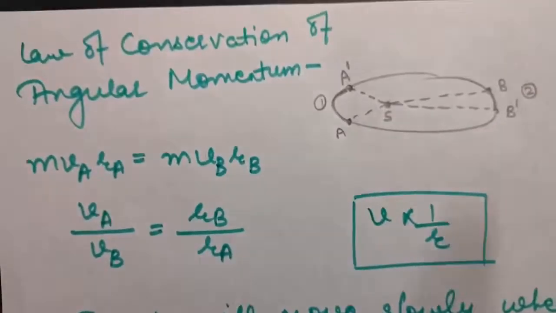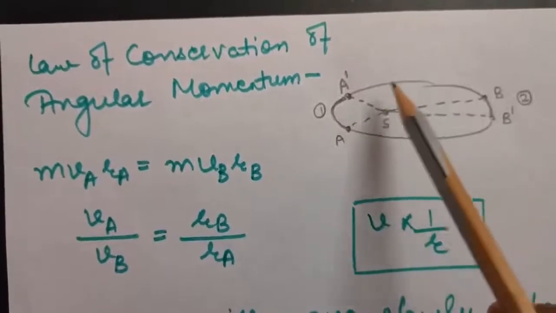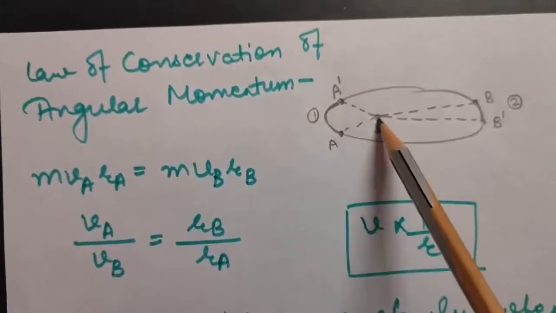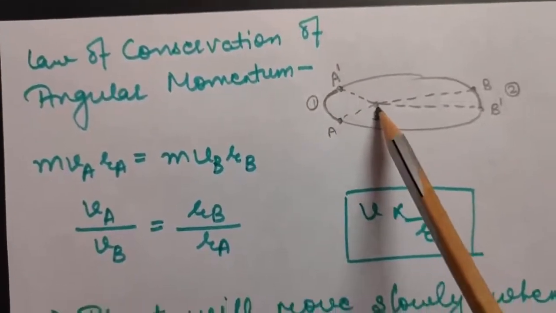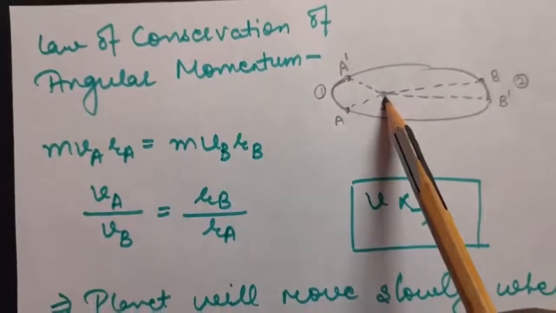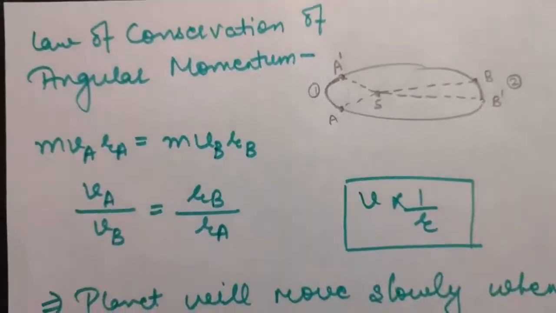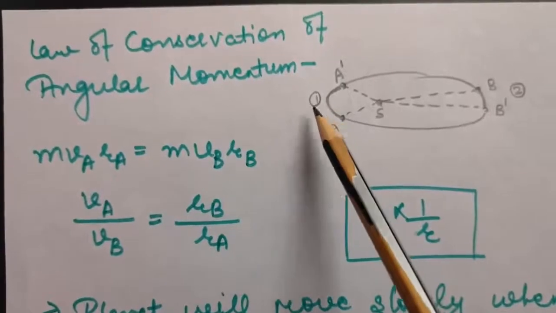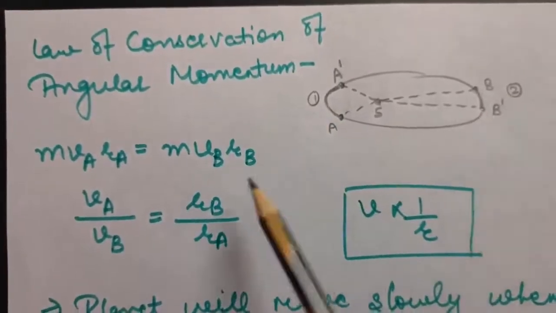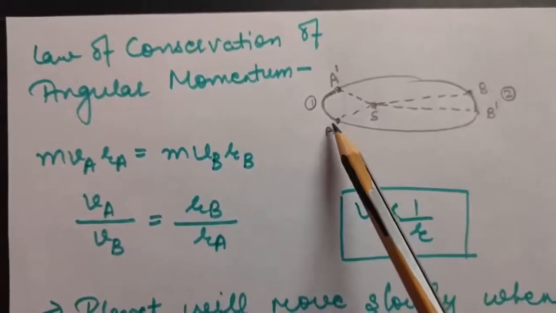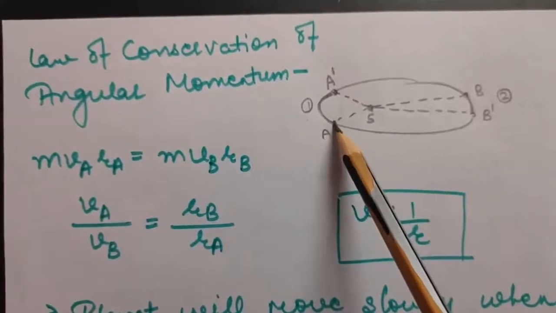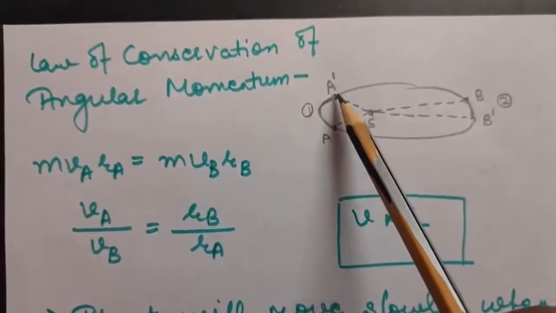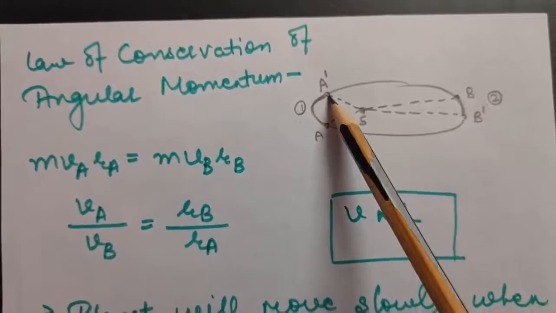Let us suppose this is the elliptical path in which the planet revolves. This is the sun, which is present at one of the foci of the ellipse. Now let us take two instants, 1 and 2. The planet is at point A, and after an interval of time T, it reaches A dash.